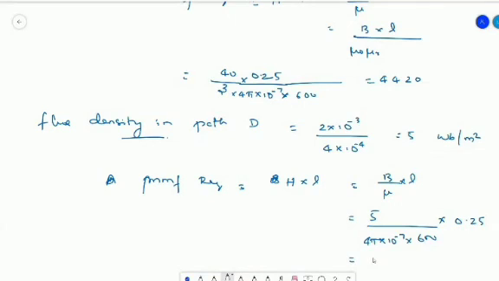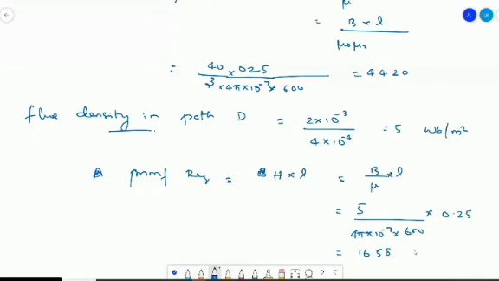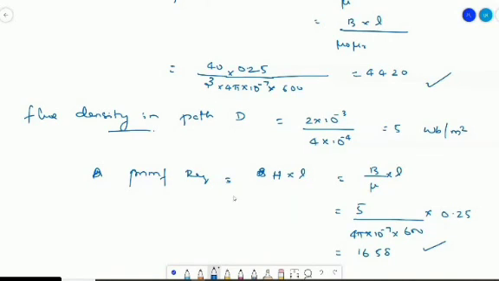So this is 1658. So this ampere turns is known, and this is also known to us.